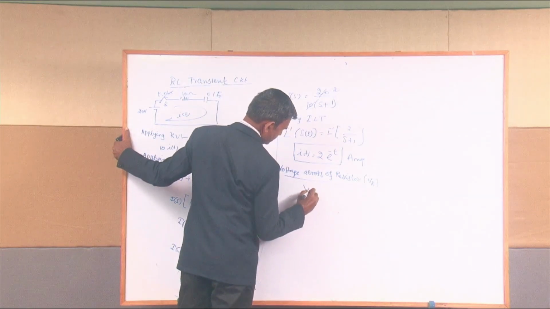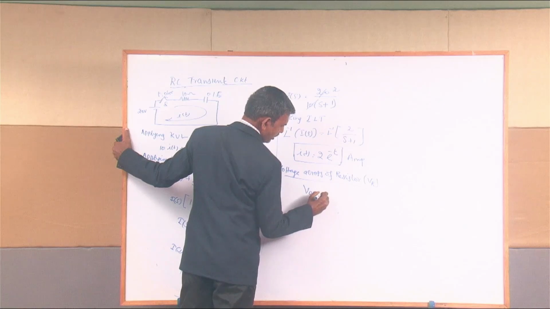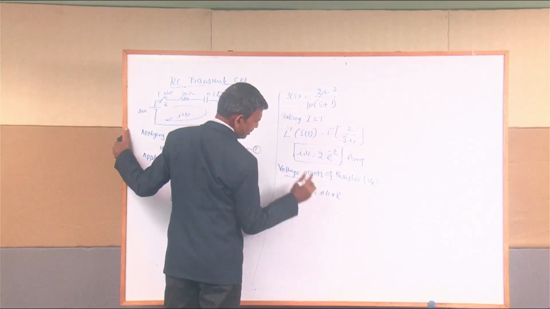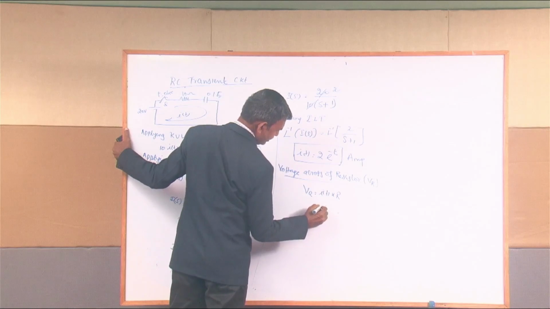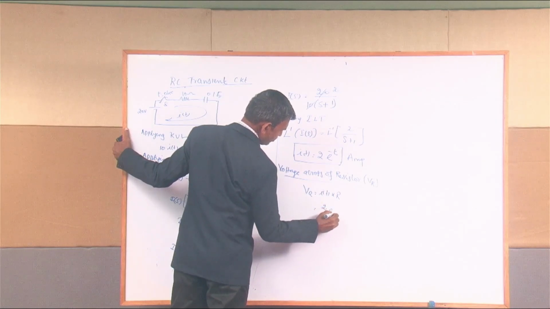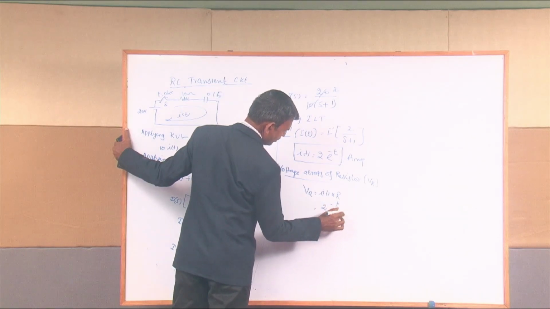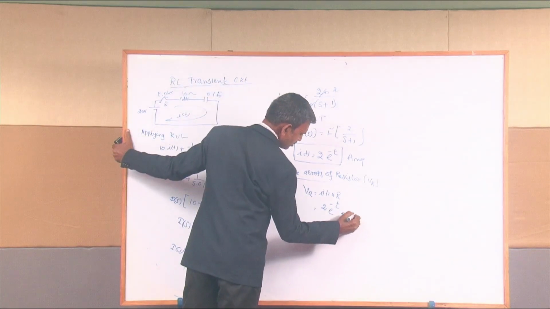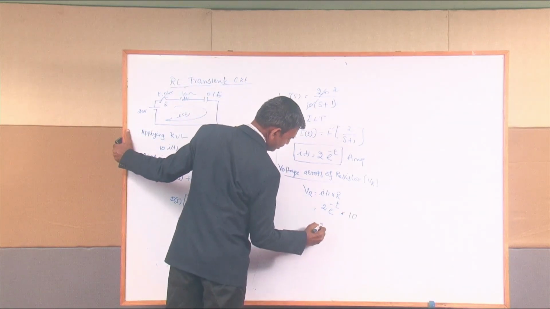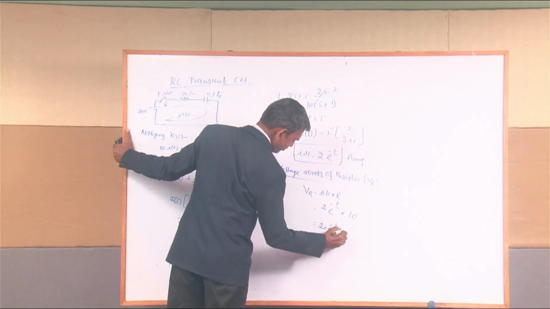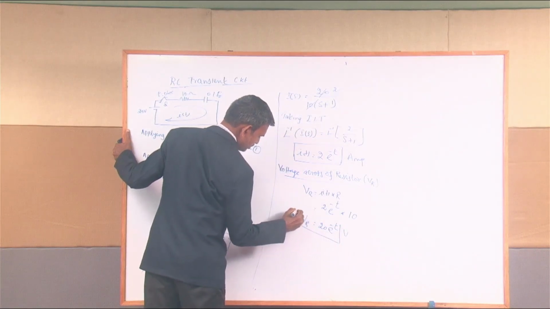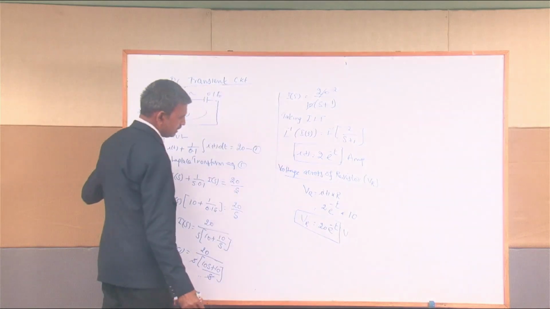So VR is equal to I(t) into R. We have already found I(t). So I(t) is 2 into e to the power minus t, into the R value. R is 10. We get 20 into e to the power minus t. So this is the voltage across the resistor.